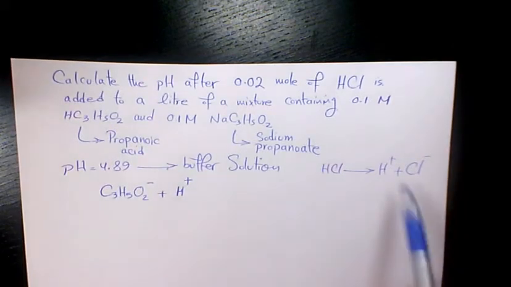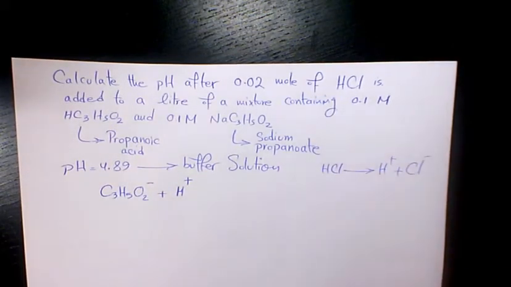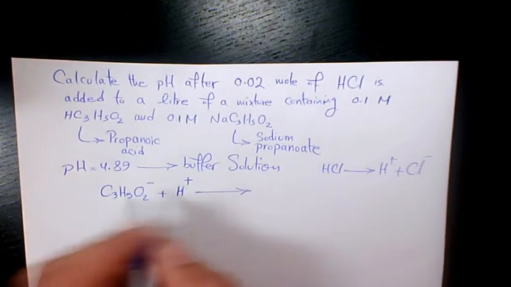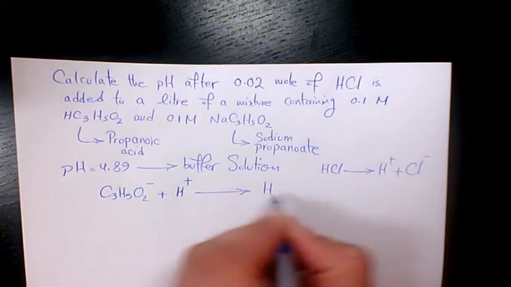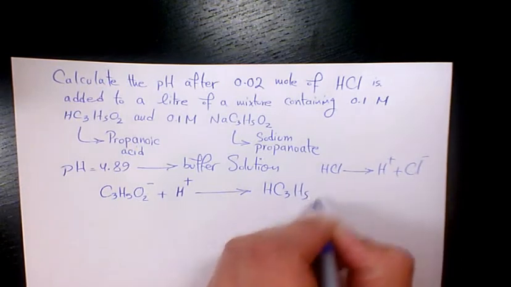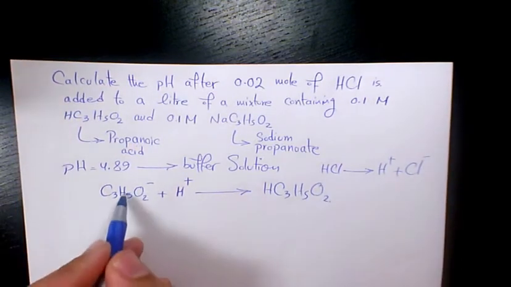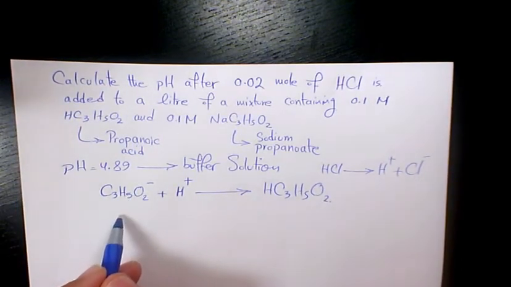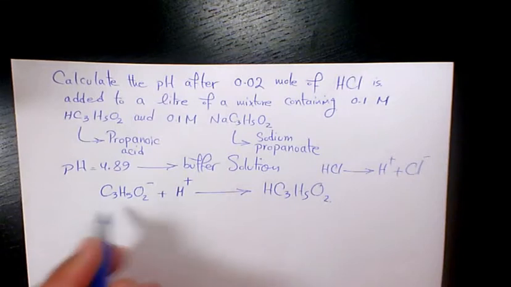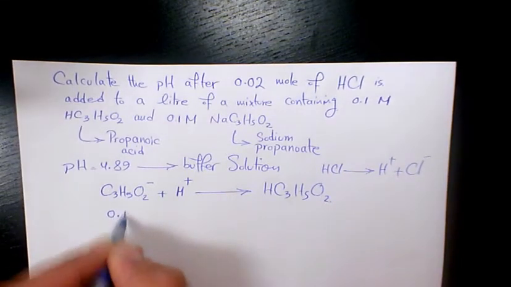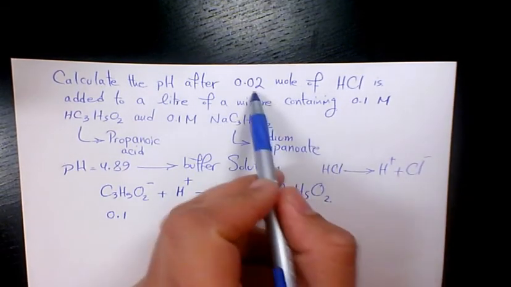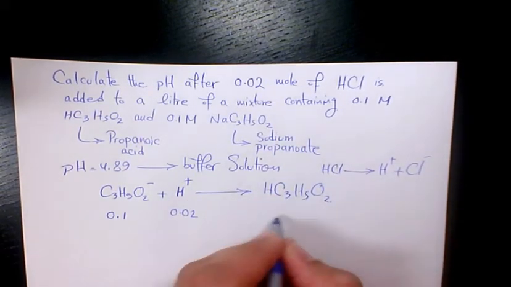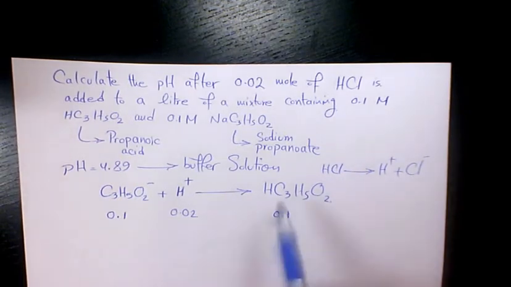So the concentration is going to be exactly the same because we have complete dissociation. When they react, it's going to produce an acid, HC3H5O2. So the initial number of moles of this conjugate base was 0.1. Here we have 0.02 moles, and for acid we have 0.1 because that's the buffer solution with 0.1 from each.